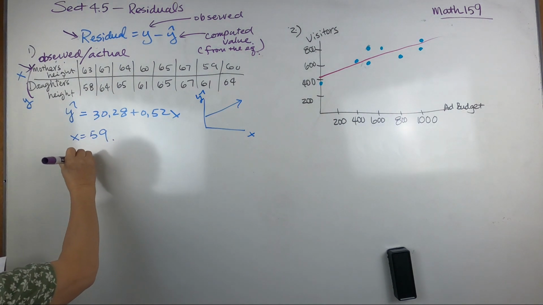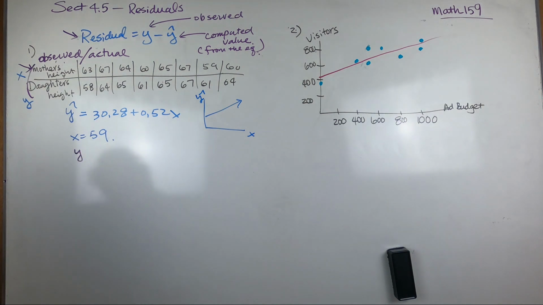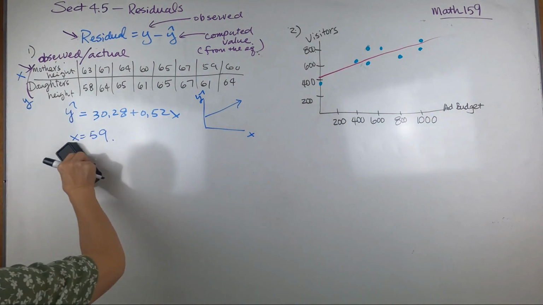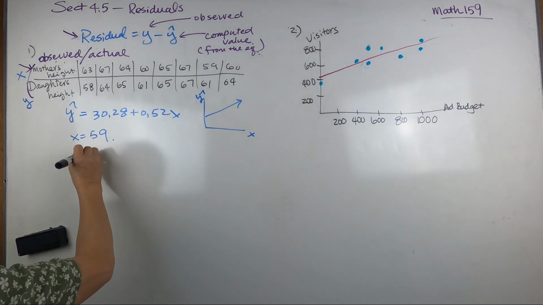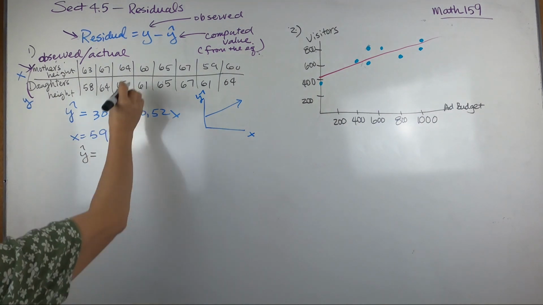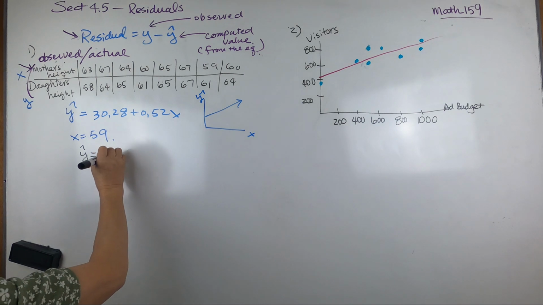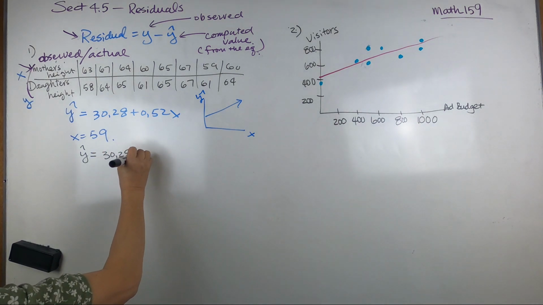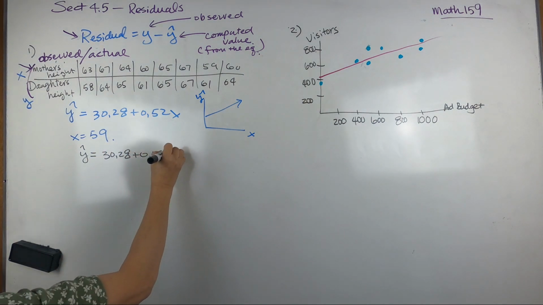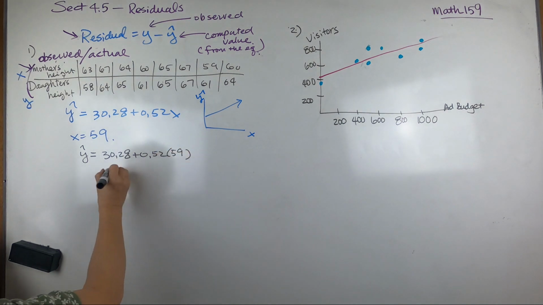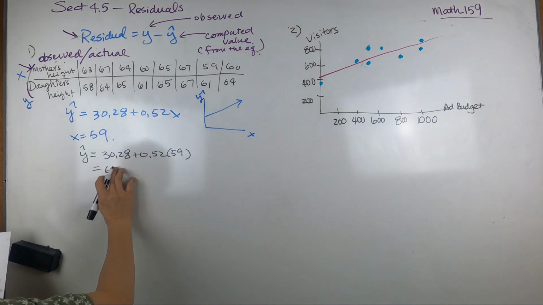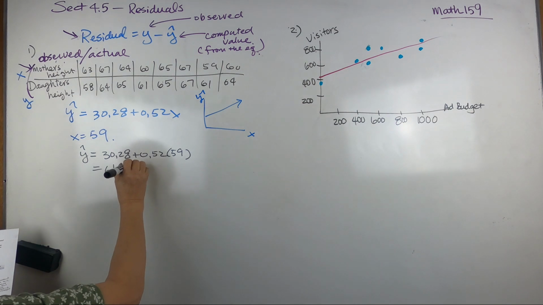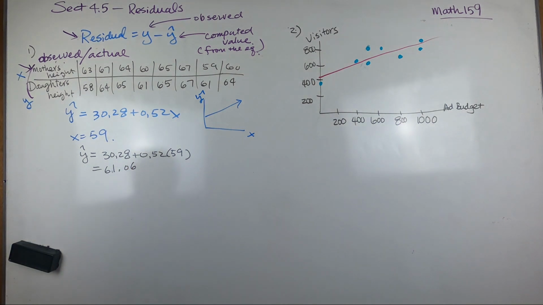Per the formula, y hat would be 30.29 plus 0.52 times 59, and you end up with 61.06 from the equation.